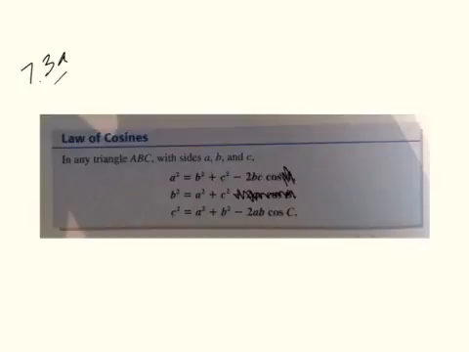Same thing, if this is 90, cosine of 90 is 0, so 0 times all of that. All of these would disappear when we have a 90-degree angle, because the cosine of a 90-degree angle is 0. 0 times anything is 0, so those things disappear, leaving us with the Pythagorean theorem. Kind of interesting that that's a part of it. Alright, so that's it for 7.3a. We'll do some examples in 7.3b and possibly c.